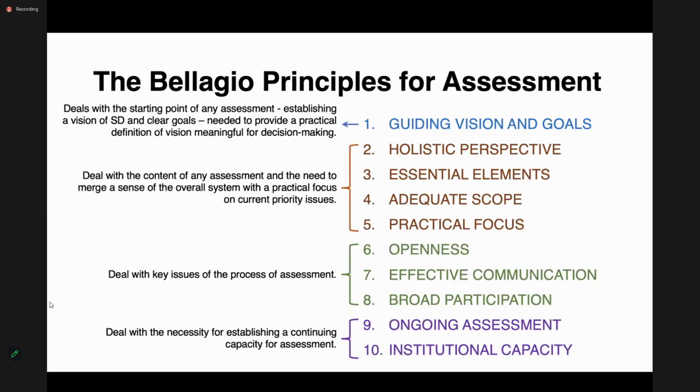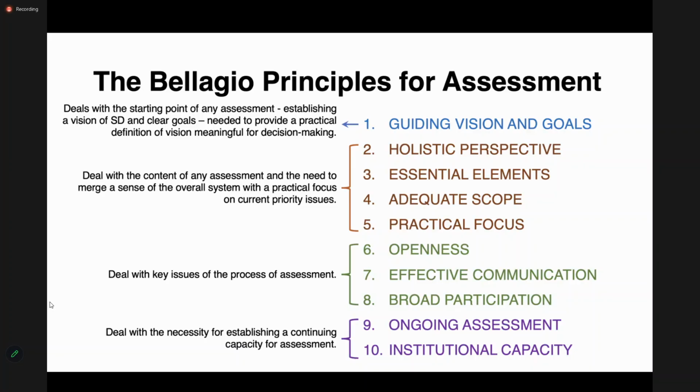So these are the 10 principles. They say you should start with the guiding vision, the goal of what you want to achieve. That will be the starting point of any assessment. So you have to establish a vision of sustainable development and have clear goals of what you need to achieve.